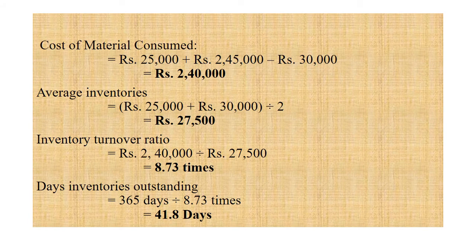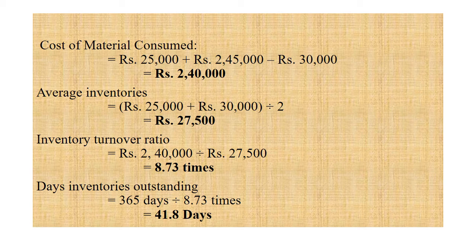To find out inventory turnover ratio, or the so-called material turnover ratio, the first thing we have to find out is the cost of material consumed or cost of goods sold. The formula is opening stock plus purchases minus closing stock, and we get a value of rupees 2,40,000. Here rupees 2,45,000 is the purchases, which is already given in the question.